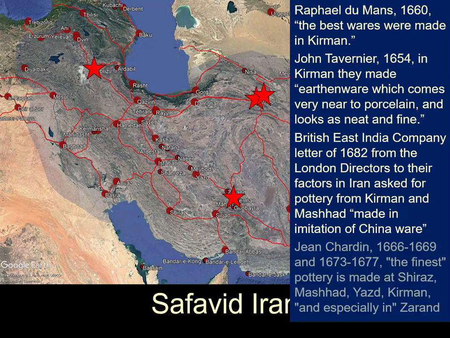Then we have Jean Chardin, and he was there a couple of times in the 17th century, and he talks about the finest pottery being made at Mashhad, Shiraz, Yazd, Kerman, and especially Zaran, which is near Kerman, and also Isfahan, but he's not very complimentary.